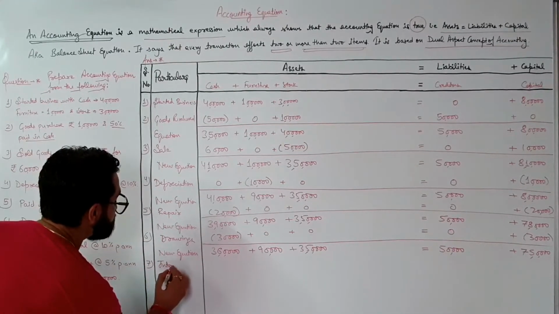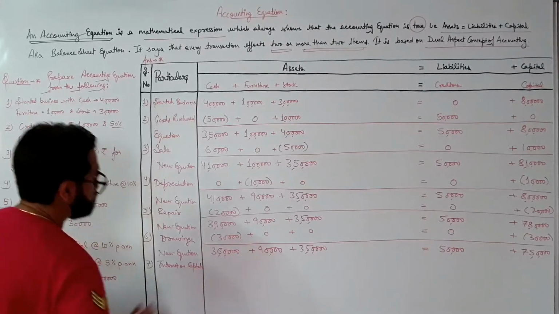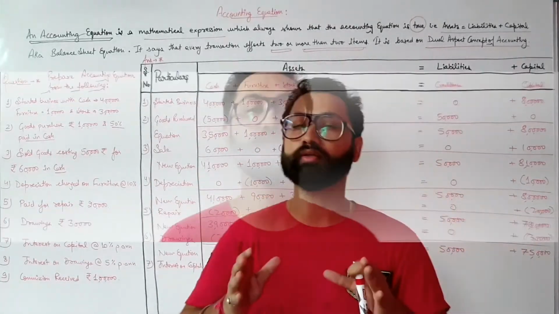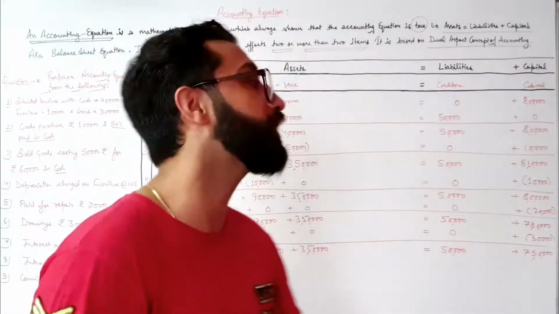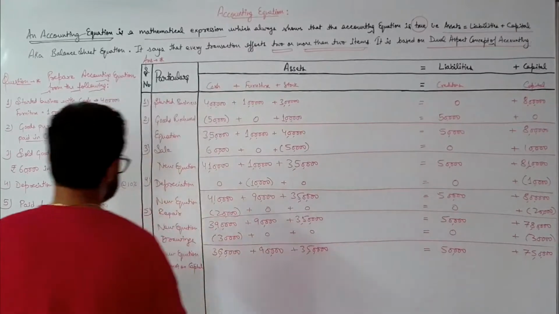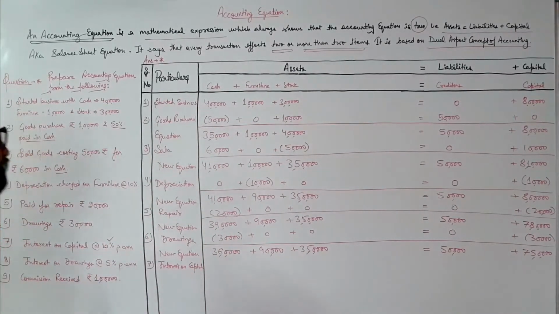Seventh transaction is interest on capital. Now you need to learn this, that interest on capital is always charged on opening capital. So what was the opening capital? 8 lakh rupees. So 10% of 8 lakh is 80,000 rupees.